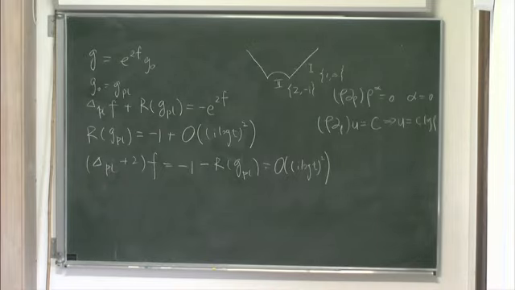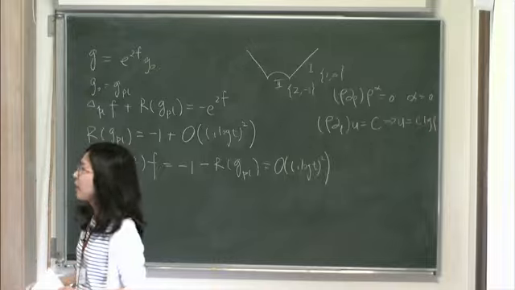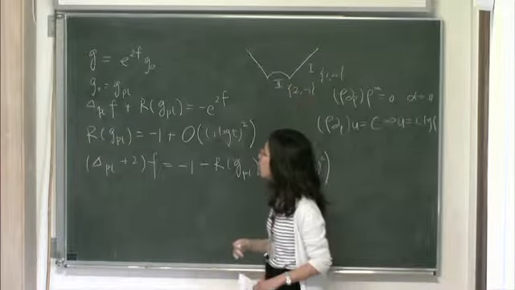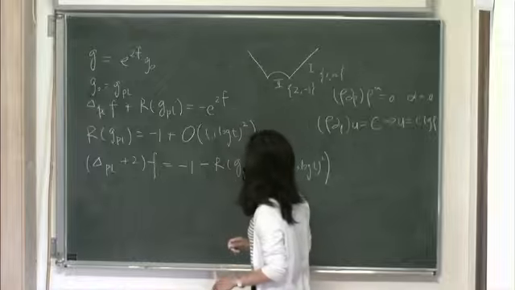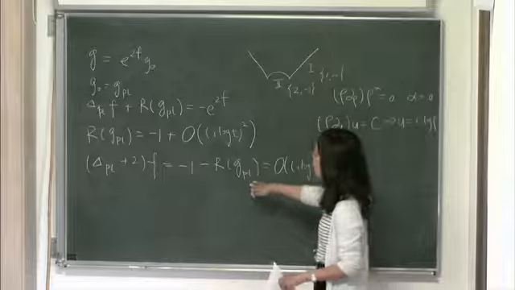Okay. So by the process I just described, by this iteration between phase 1 and phase 2, we get an asymptotic expansion of this conformal factor f here.